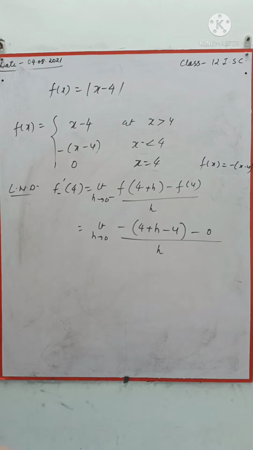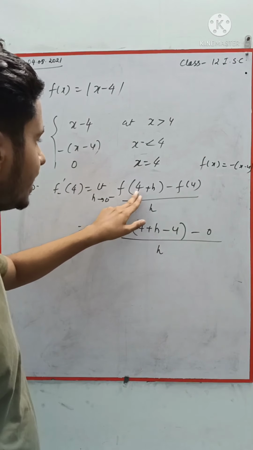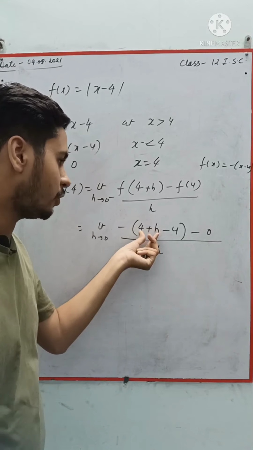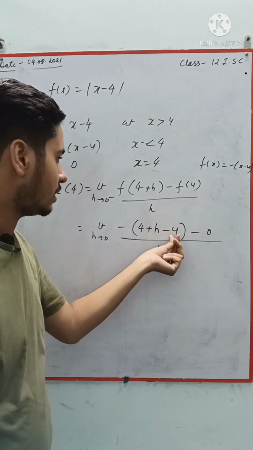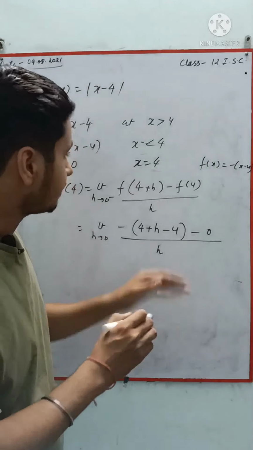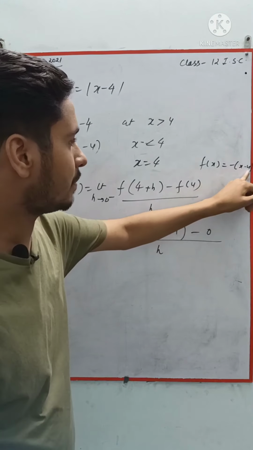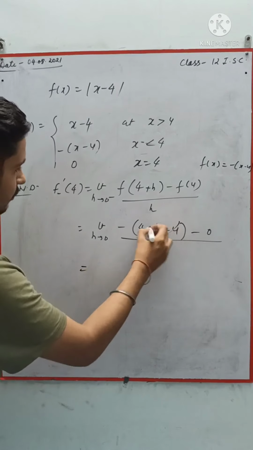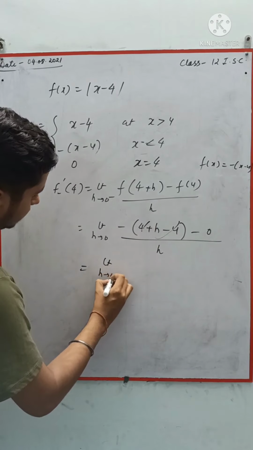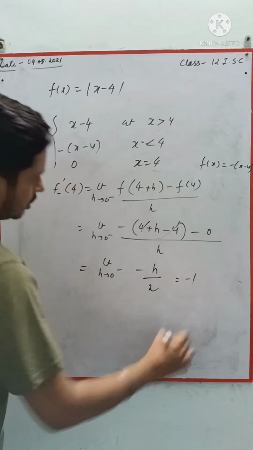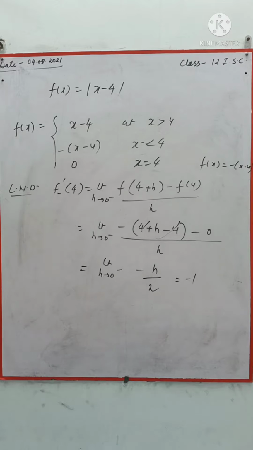So in place of x, we put 4 plus h, and then minus 4 as it is, minus f(4). 4 minus 4 is 0, so I have written 0 here, over h. Now this 4 and this 4 cancelled, limit h tends to 0 minus of h upon h. You will get minus 1 as the answer.